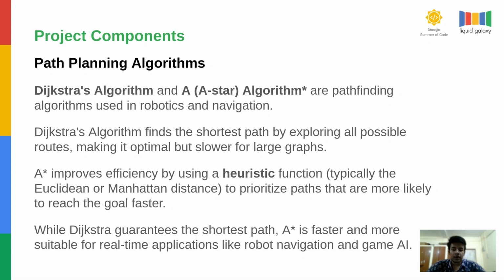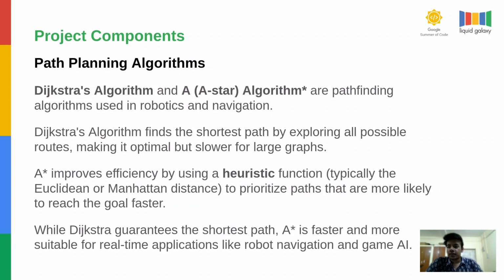It means A star uses a function that measures the length remaining to the goal and behaves a certain way when the length increases or decreases. Okay. So somehow A star is faster, but Dijkstra is more accurate. But in this small 10 cross 10 grid, both are acting exactly the same.